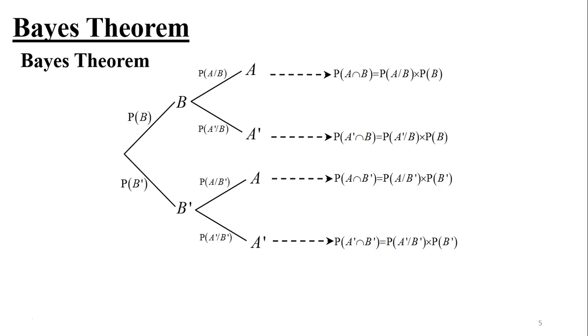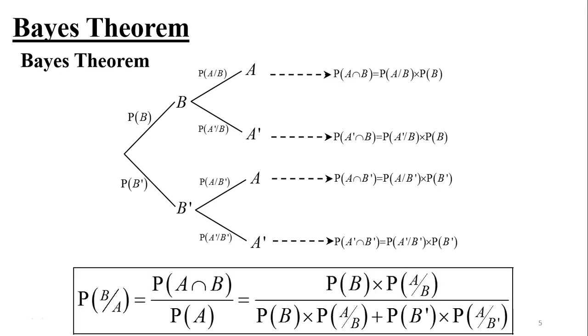Okay, so according to Bayes' theorem, if I wish to find the probability of realizing B given that A is realized, according to the formula of conditional probability, we know that probability of B given A is the probability of A inter B divided by the probability of A. Now, according to the tree diagram, the probability of A inter B is probability of A given B times the probability of B.